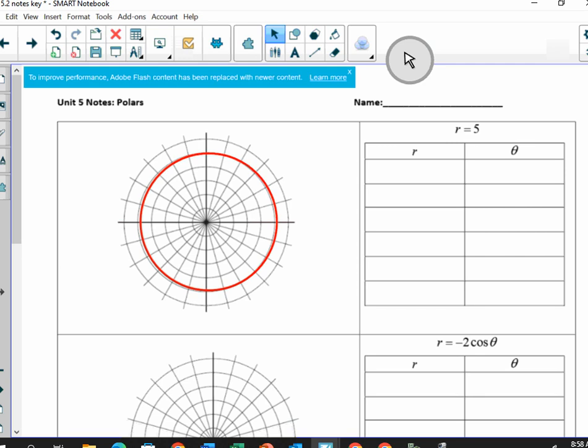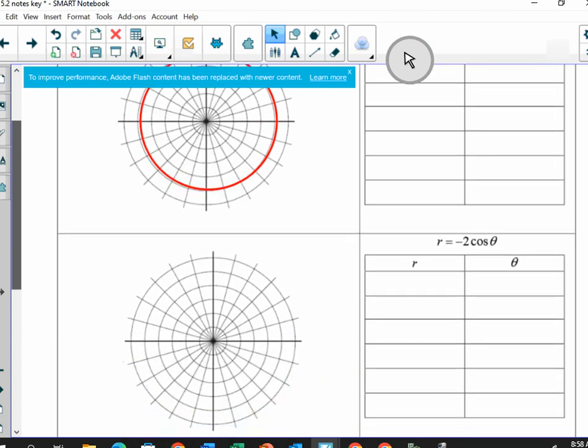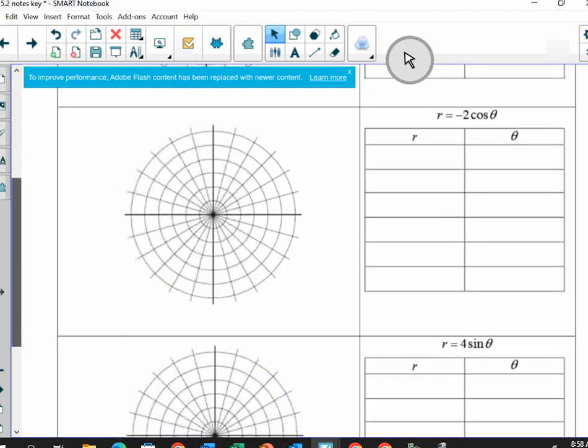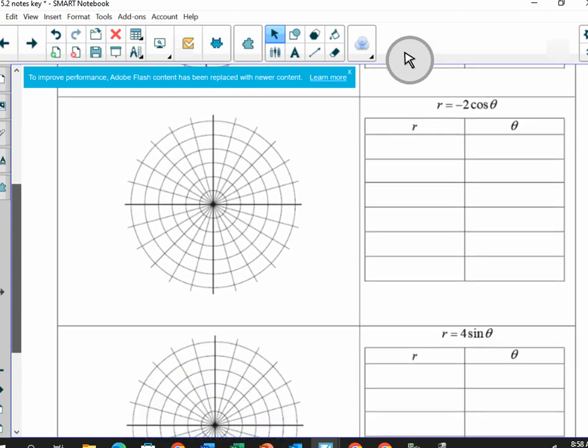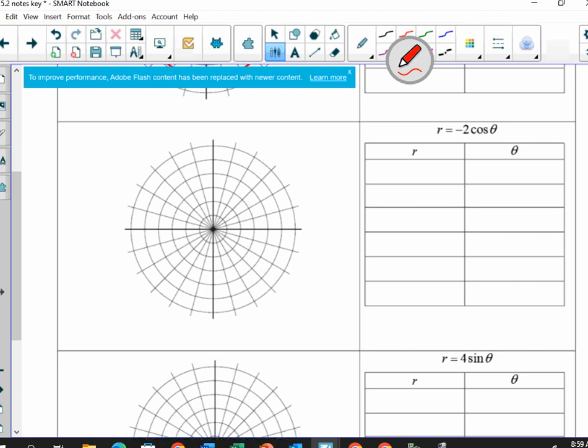Okay. The next one, guys, we're going to plot some points and then see if you can figure out some patterns between these next two, okay? One's cosine, one's sine. Let's see if we can figure out what's happening. If you wanted to convert it, you could, and then go through the whole completing the square and all of that. I don't think you actually want to do that. We're going to plug in a couple of points. So if theta is 0, what does r equal?